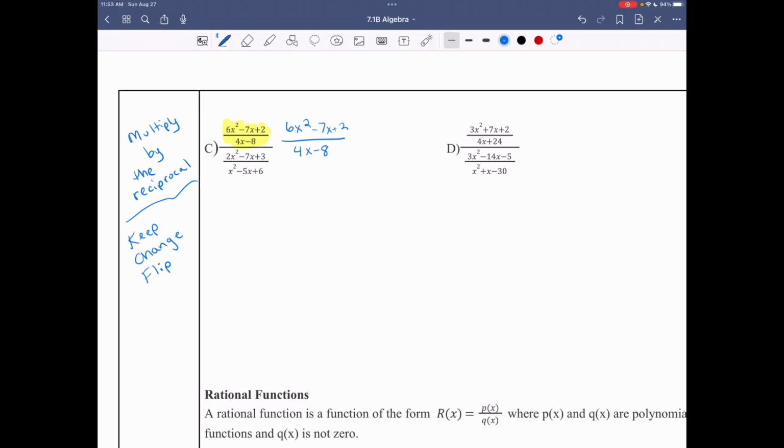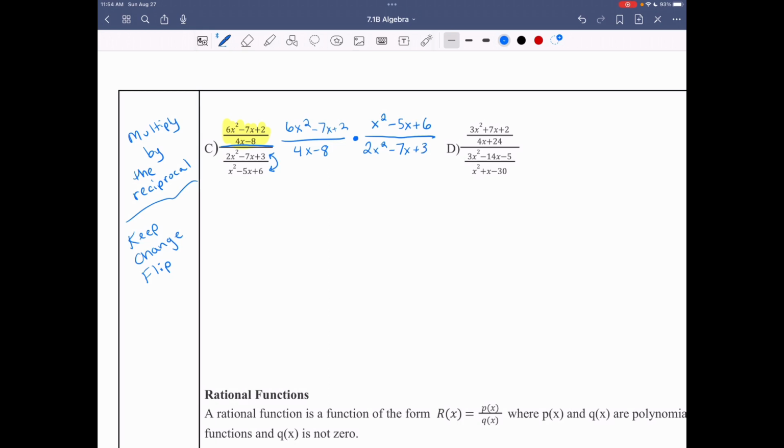Now instead of this fraction bar that we have, I'm going to change it to multiplication, and I'm going to flip what's in the denominator. So on the numerator, we will now have x squared minus 5x plus 6, and in the denominator, we will have 2x squared minus 7x plus 3.